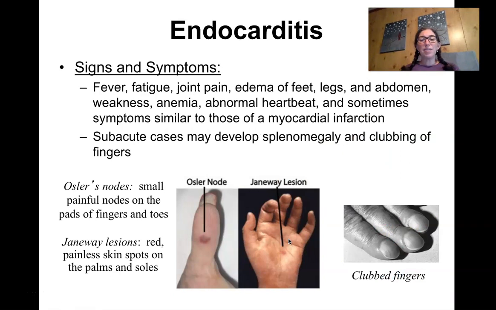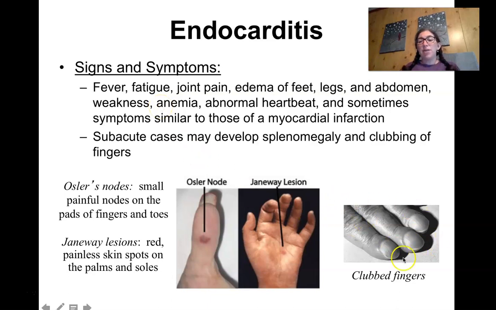So some of the signs of endocarditis, and endocarditis can be acute, where it's like all of a sudden you have really severe infection, or it can be subacute, where it's kind of long-term and low level. So the symptoms are not quite that severe. So they can be kind of mild, like fever, fatigue, joint pain, swelling, anemia, all things that could be due to other things. You wouldn't necessarily put it together as endocarditis.